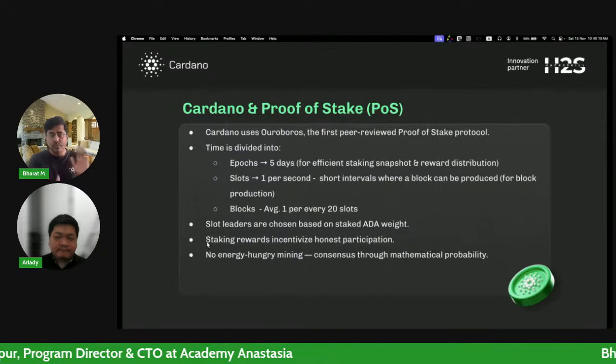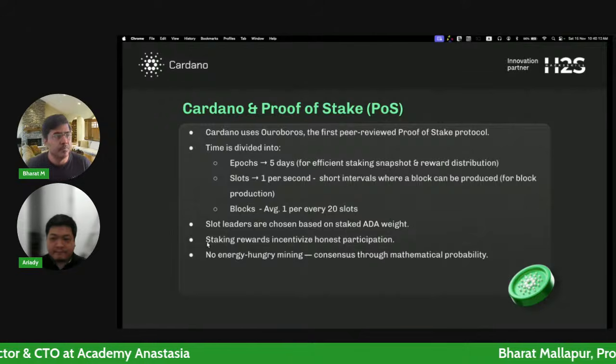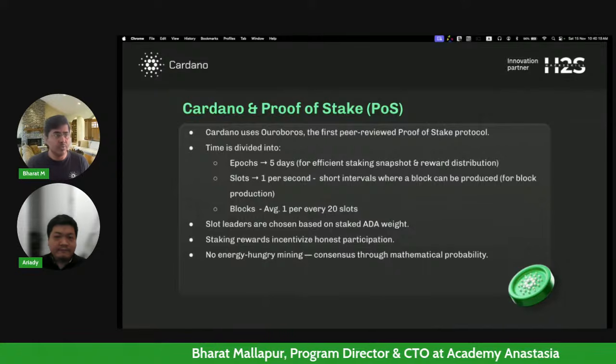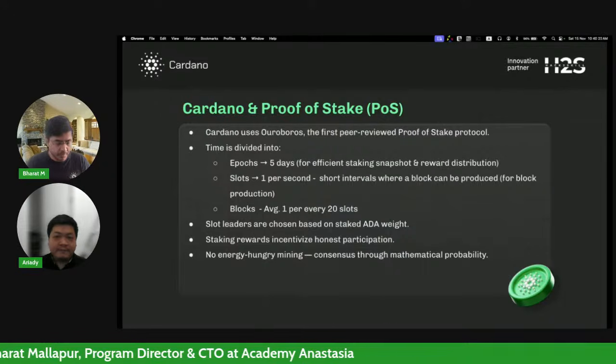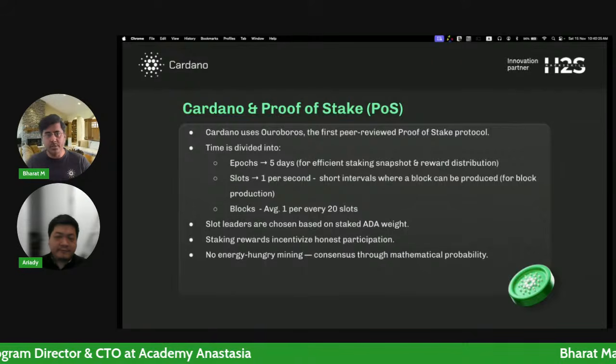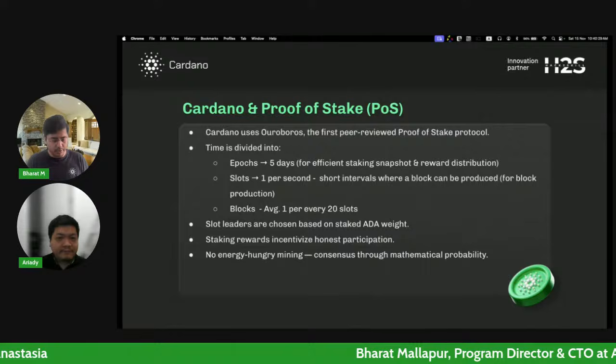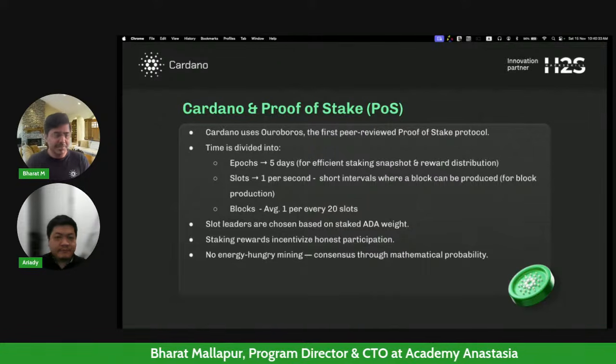So now we'll come to a little bit about what is the proof of stake algorithm. So Cardano uses something called Ouroboros, right? Ouroboros is the first peer-reviewed proof of stake protocol. What does this mean? So there have been other proof of stake protocols earlier, right? Not Ethereum. Ethereum joined the proof of stake queue much later.